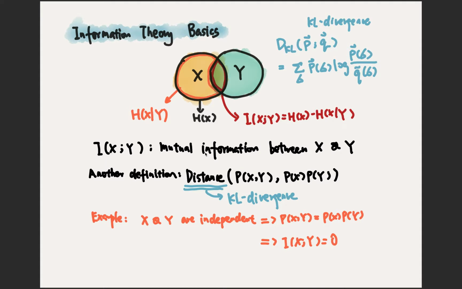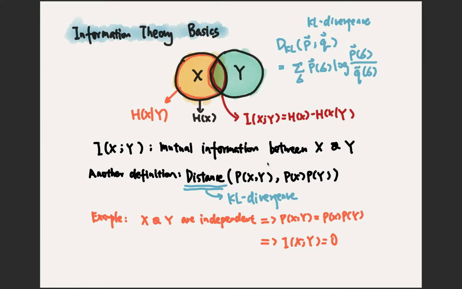And I give you a more intuitive formula here. The mutual information between two random variables can be understood as the correlation between them. It doesn't matter whether they are positively correlated or negatively correlated.